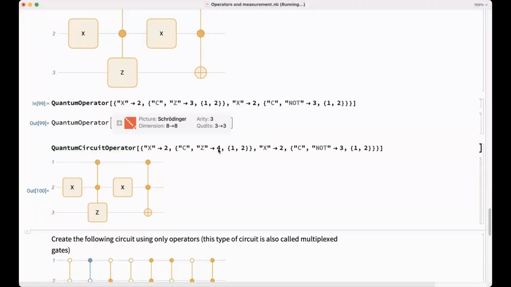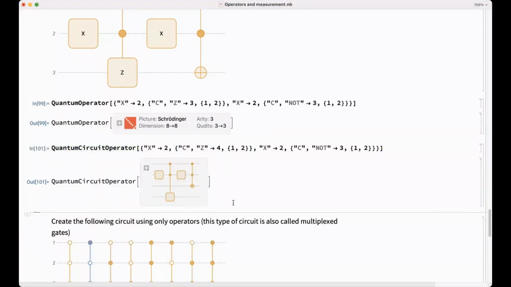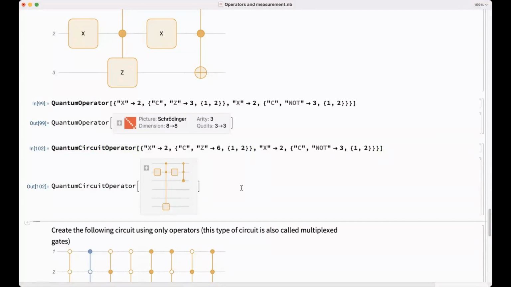You can change that, so that's an interesting option. Your target can be anything, but remember, if we do not specify it, we automatically go to the next one immediately after your control qubits.